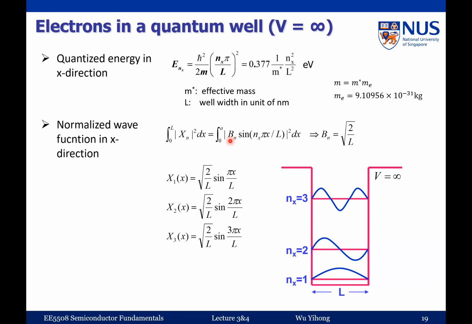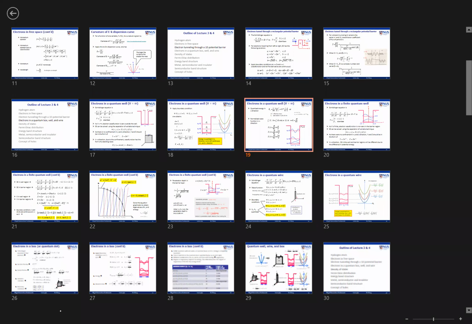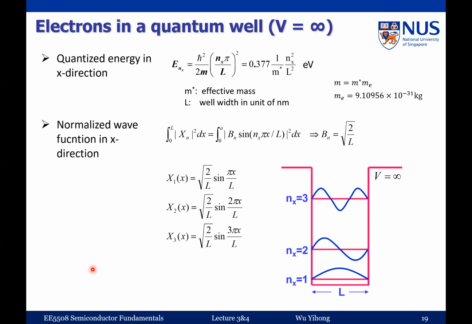Once we normalize it, we integrate from 0 to L. Okay, not A, 0 to L. Oops. I need to come back to this one. So we integrate this to L and normalize it, and then you get the Pn, which is this one. You just put it here. So now we have the wave function.